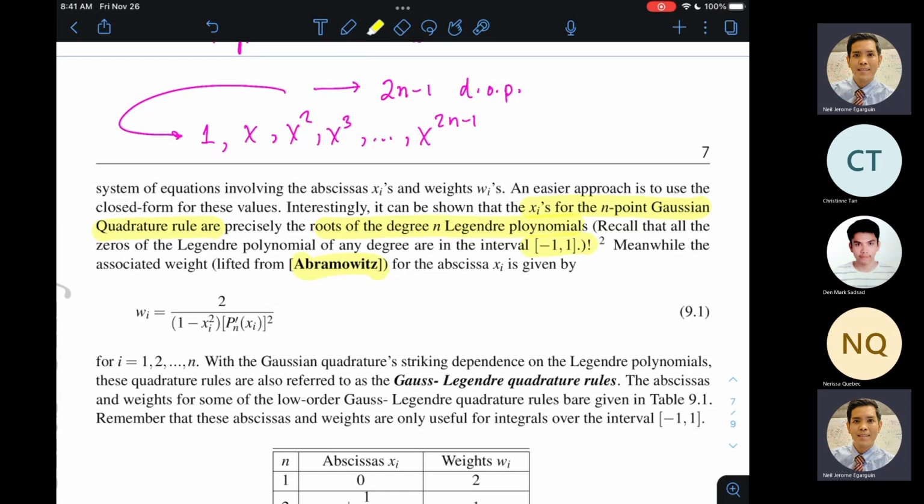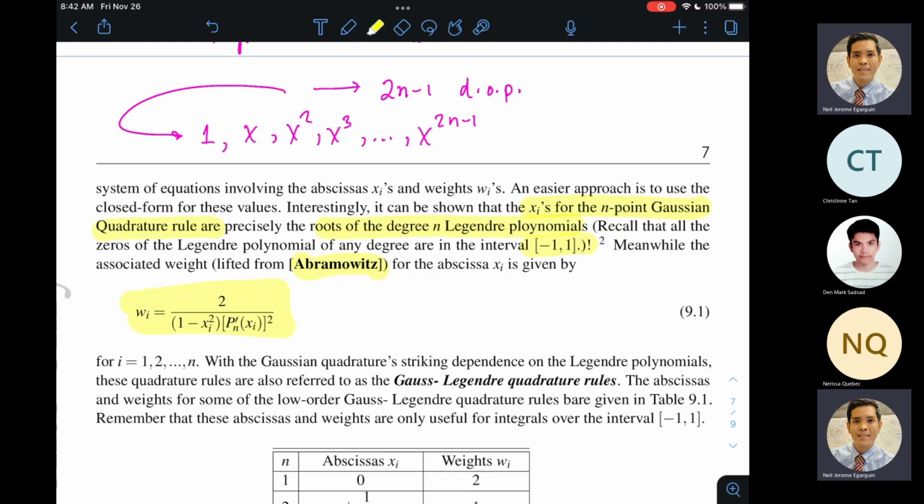And I think we showed last time, if you still have your codes that you used for Legendre interpolation, that will be extremely helpful, because you can just take the part of the code that computes the roots of the degree n Legendre polynomial. Then you take the roots, and then the weights. The nice thing is that a formula is also given in equation 9.1.